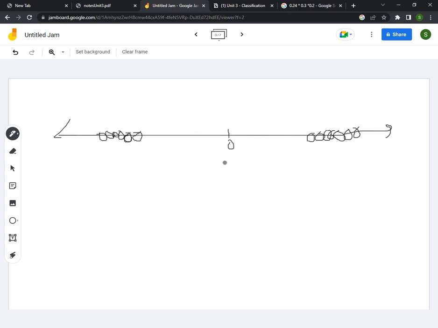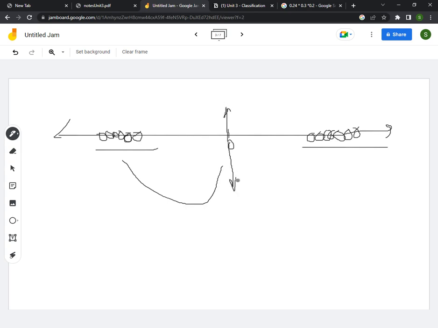Now these are certain data points, and this data point says that the person has diabetes, whereas this says that the person doesn't have diabetes. According to these data points, we can have a best centered line that would be this.